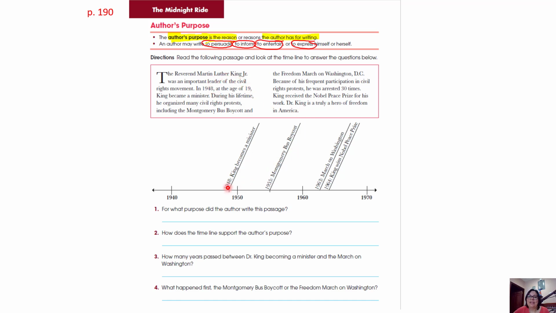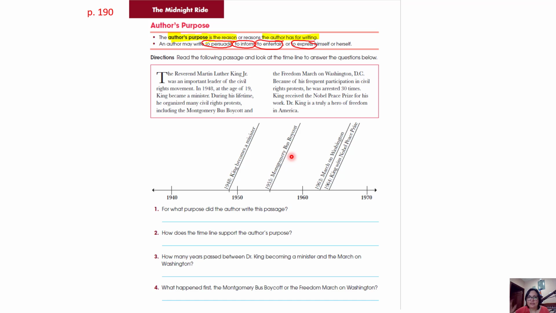So here you have a timeline with the years and the events of the life of Martin Luther King. For example, in 1948, King becomes a minister or like a pastor. In 1955, he organized some protests, and one of them was the Montgomery bus boycott.